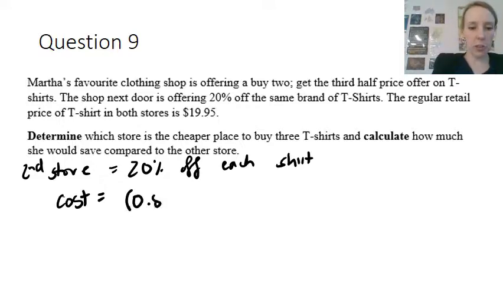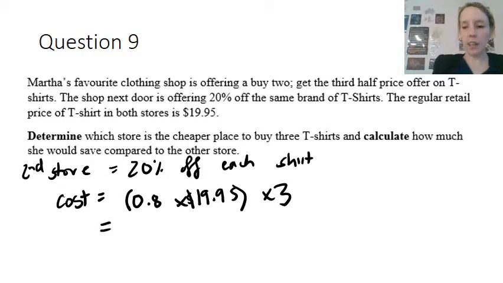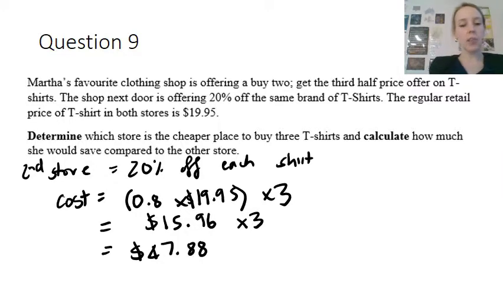So it's going to be 0.8, which is 80% of the price of the shirt, which is $19.95. And she wants 3 shirts, so that's going to be multiplied by 3. So 0.8 times $19.95 is going to give me $15.96. So each shirt is $15.96, and she's buying 3 of those, which will give you a total cost of $47.88.